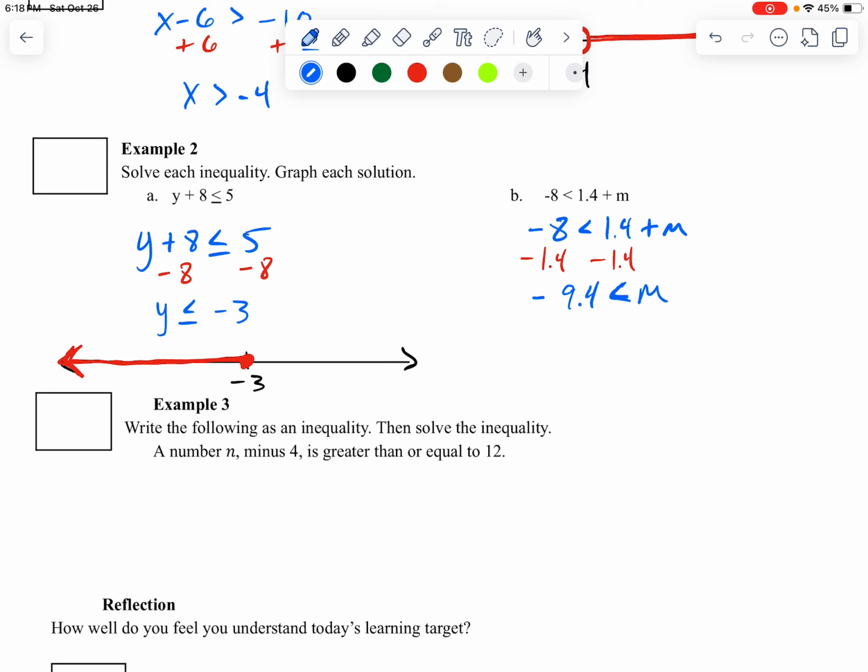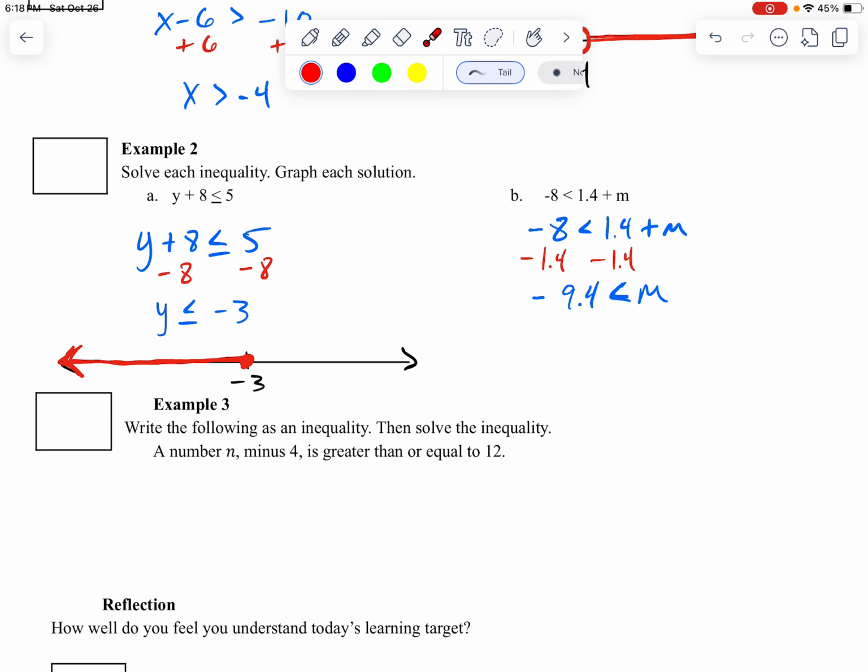So I always like to think about these when I go to the graphing from the perspective of the variable, right? Because those are the solutions. Whatever numbers I can plug in here for m that make this true, those are the solutions. So yes, if we were reading this, I would say -9.4 is less than m.